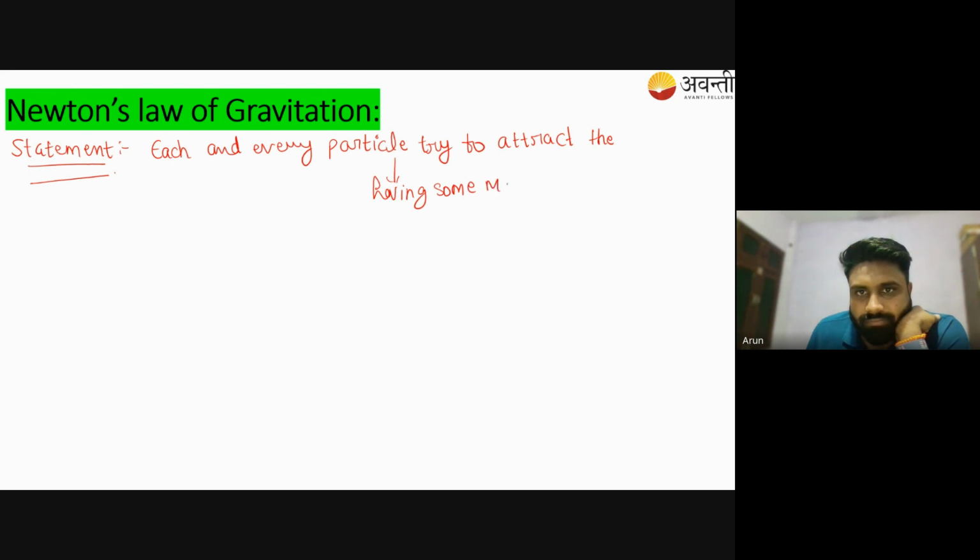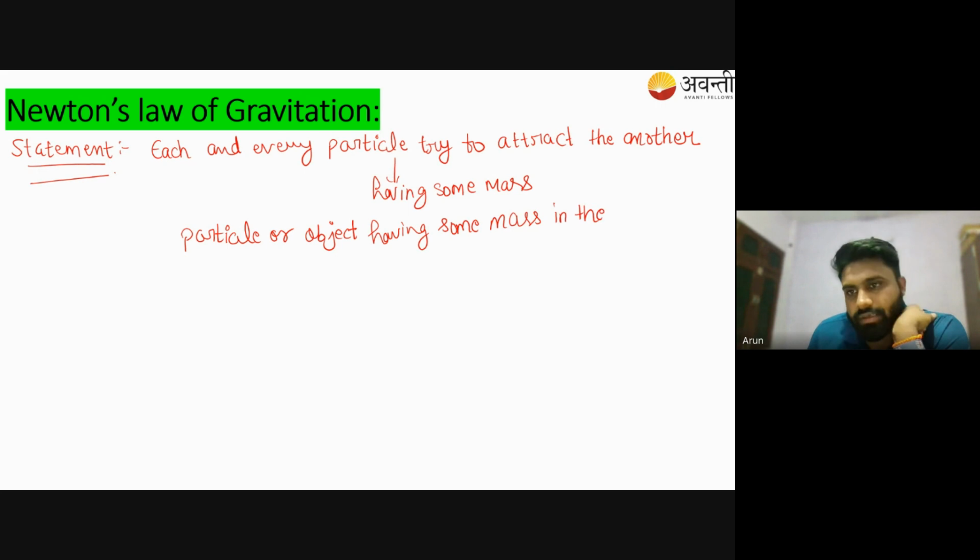Try to attract another particle or object having some mass in the universe. So each and every particle has that tendency to attract another particle.